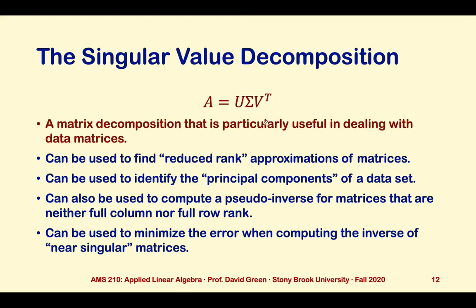It's a matrix decomposition, particularly useful in dealing with data matrices. It's expressed as A equals U sigma V transpose, where U and V are both orthogonal matrices. They are square matrices with orthonormal columns. And sigma is a diagonal matrix of the same size and shape as A.